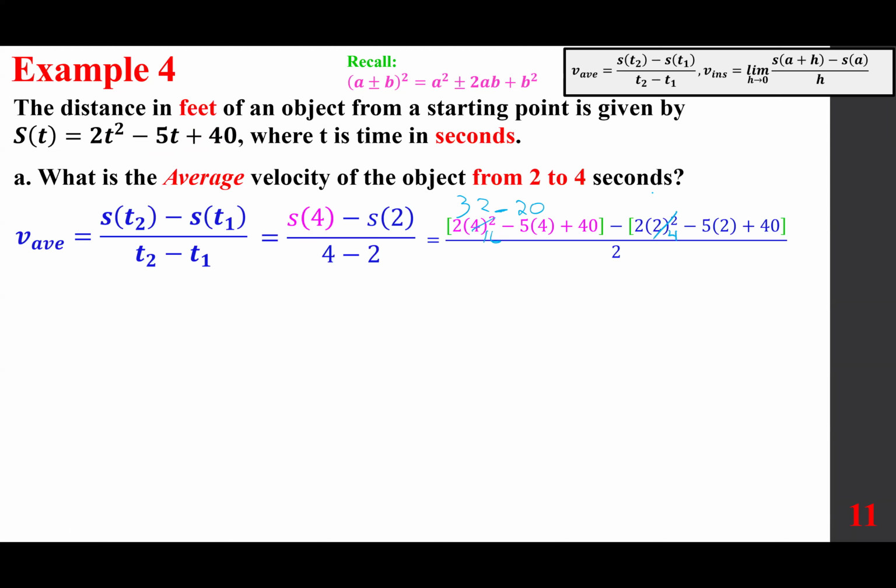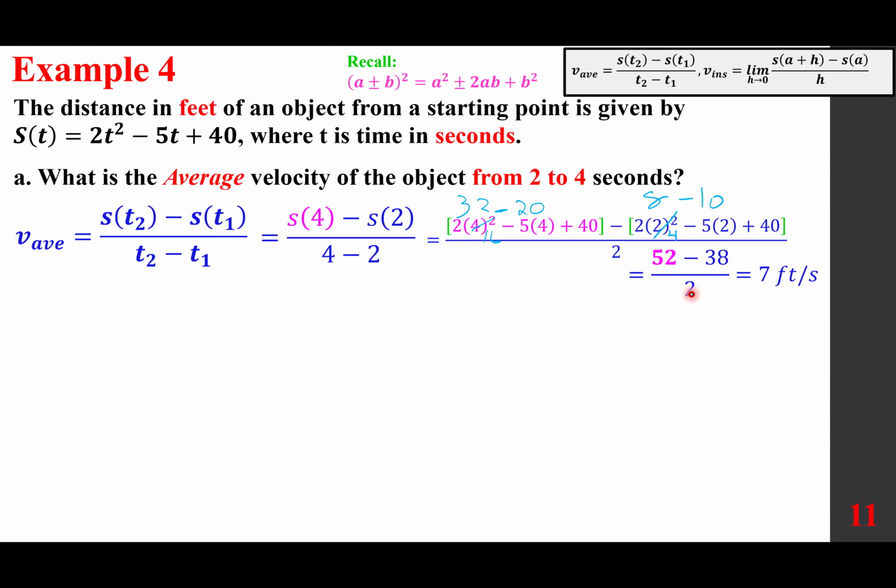This is 4. So we have 8 minus 10 plus 40. And so this one, 32 minus 20 plus 40 is 52. 8 minus 10 plus 40 is 38. So 52 minus 38, 14 halves or 7 feet per second.